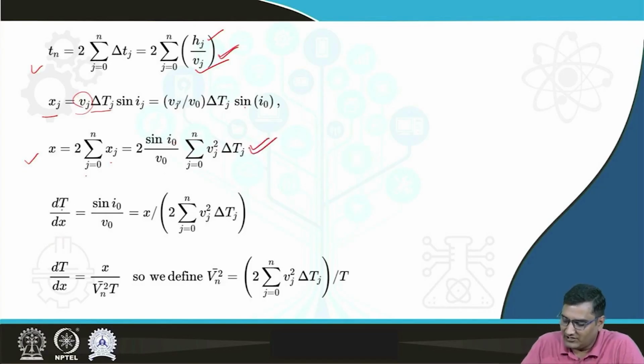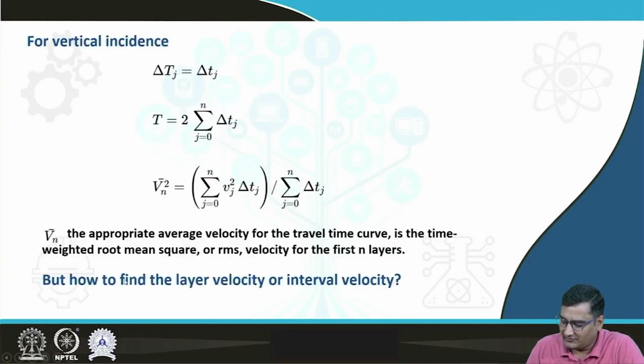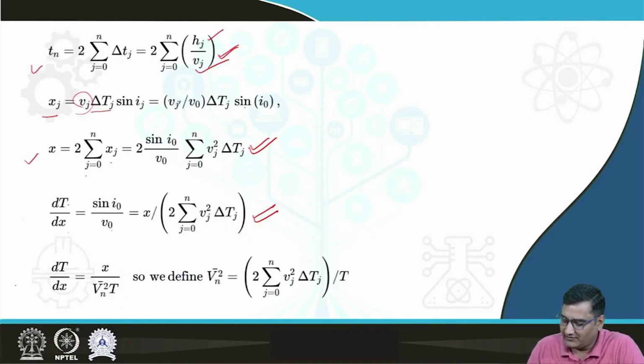And then if you want to find out the ray parameter, that is dt by dx, that is equal to sin I naught by V naught, that is x by say 2 summation j equal to 0 to n Vj square delta Tj, that is delta T by dt, that is the ray parameter, that can be written as x upon Vn square T. So we can define Vn square is equal to 2 summation over j equal to 0 to n Vj square delta Tj by T.